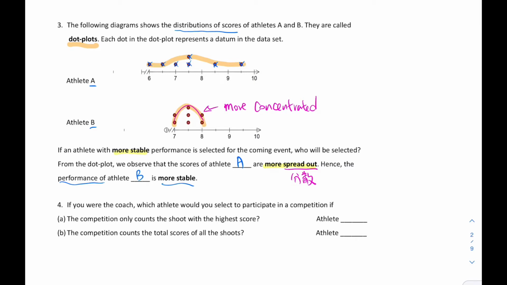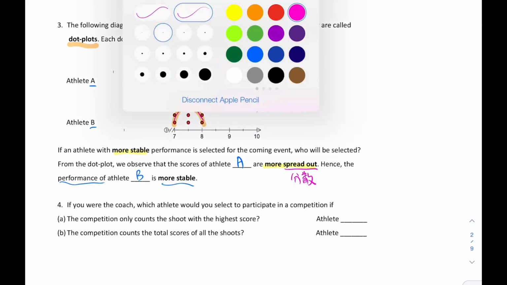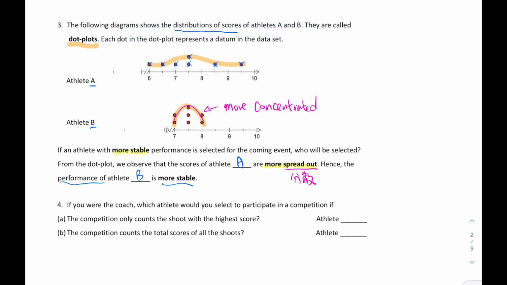So, for question 4, if you were the coach, which athlete would you select to participate in a competition if you only count the shots with the highest score? Which one will you choose, A or B?